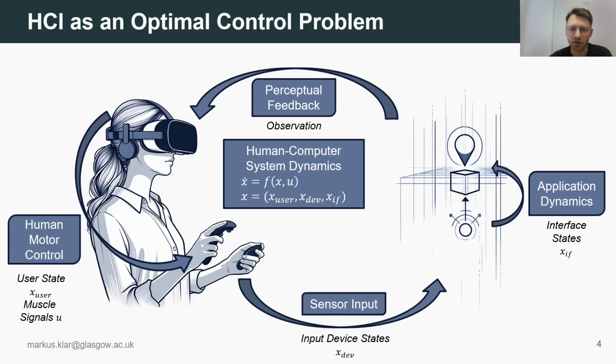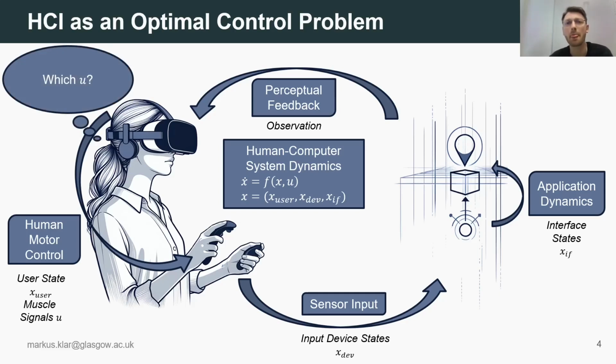Now, the user has to find out which control to choose in this situation. And this highly depends on the task, but also on personal preferences. As we assume that humans are rational acting agents, we assume that the user will try to optimize some internalized cost function J that depends on the current state and control signals.